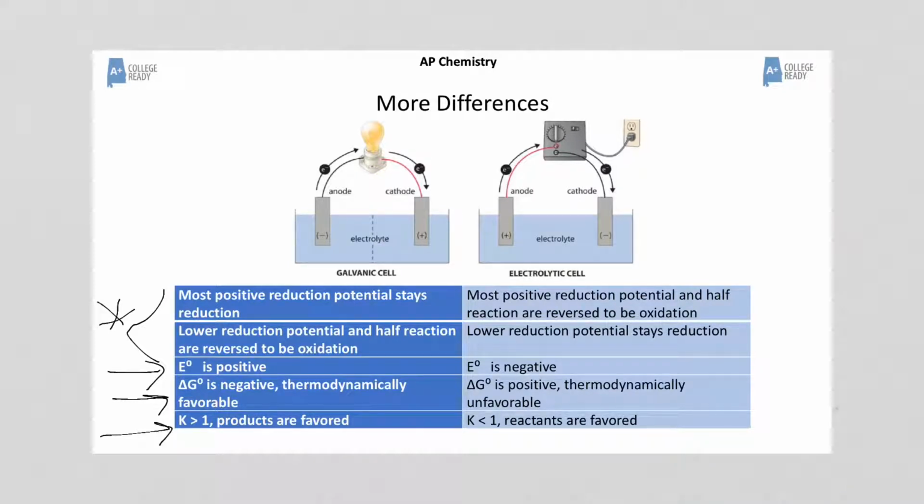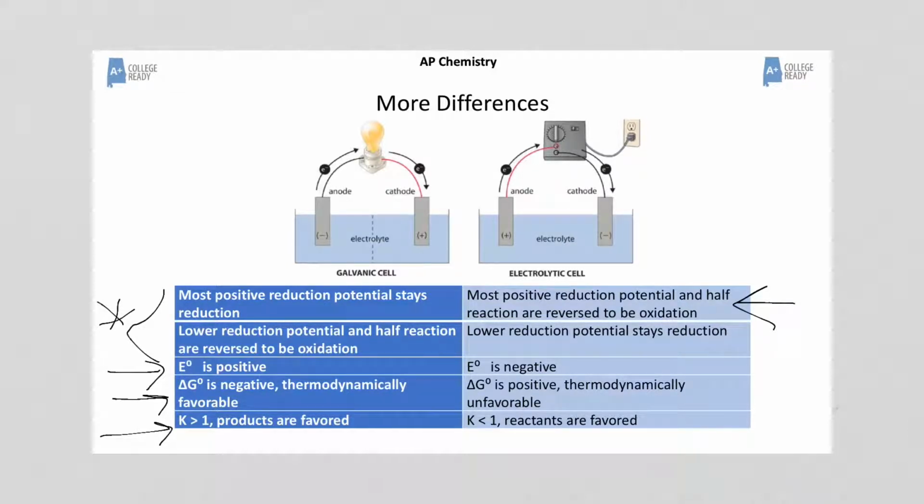Now, this is where it's very different, okay? And you really have to focus on what kind of cell you have. Mostly you're going to be looking at galvanic cells. Occasionally you'll see an electrolytic cell. These are opposites, so if you think about them being opposites, that might be helpful. For an electrolytic cell, notice it says the most positive reduction potential half reaction is the one reversed. So again, hugely different. It's the complete opposite of what we're doing with a galvanic cell.